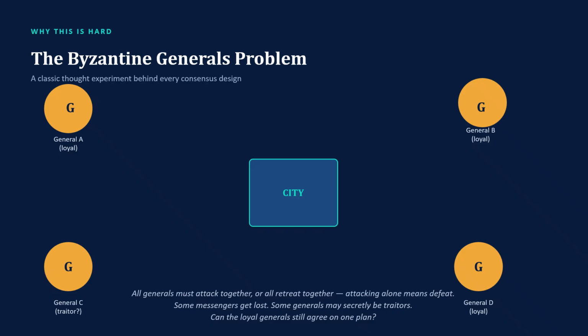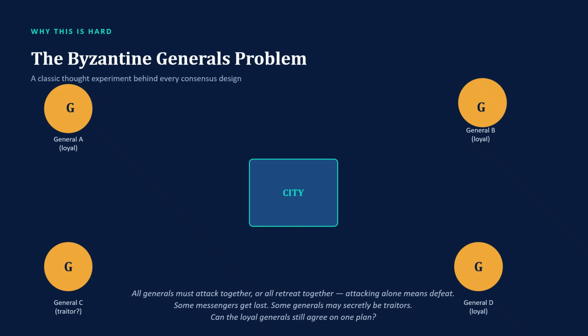Now, let's see why this is hard. Let's borrow a classic thought experiment from computer science: the Byzantine generals problem. Several generals surround an enemy city. They can only communicate by messenger, and they must all attack at the same time or all retreat, because attacking alone means defeat. The problem is that some messengers might get lost, and worse, one or two generals might secretly be traitors, sending different messages to different peers to sabotage the plan.